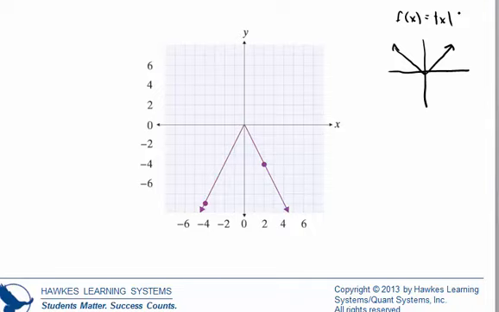We have the point -4, -8, which is this point here. And we also said we had the point 2, -4. So over 2, down -4. And so knowing that the graph is reflected over the x-axis and crosses through those 2 points, that will enable us to sketch a graph of our function.